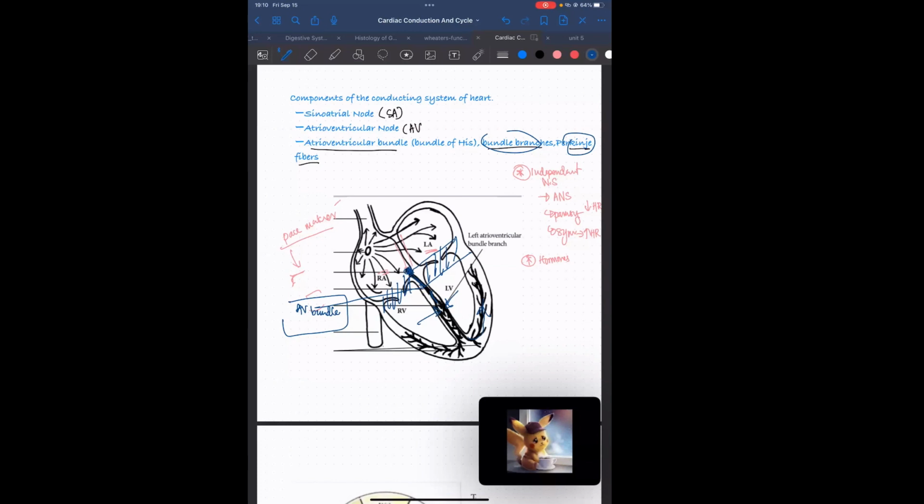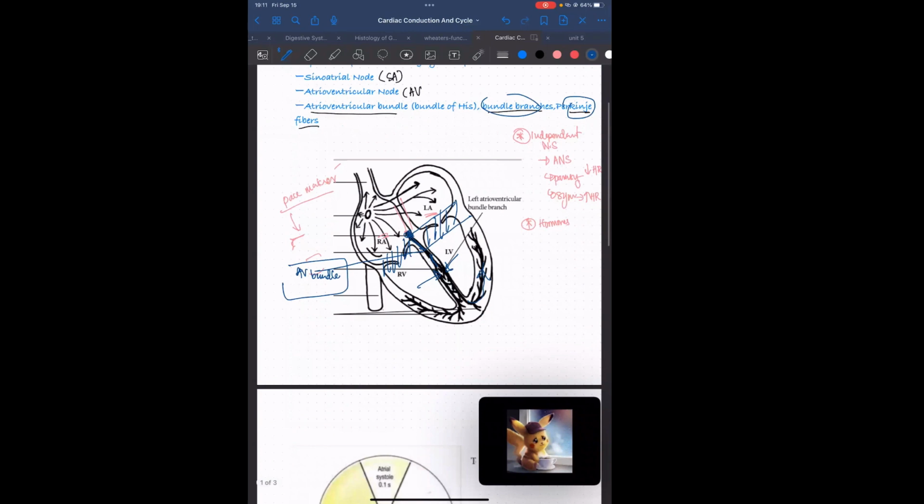This is a node. This is the AV node. This is the AV bundle.